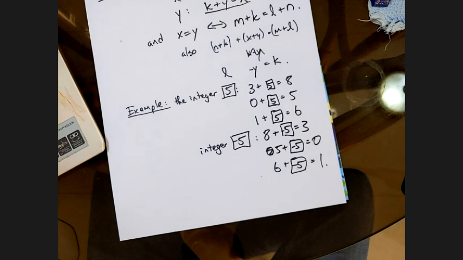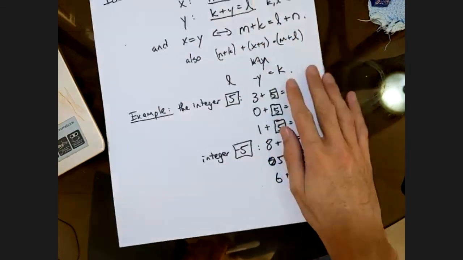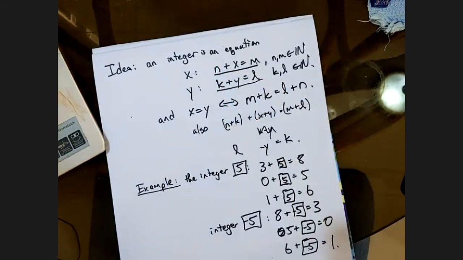Informally, the integers solve the problem of solving an equation like n plus x equals m, where n and m are any two natural numbers.